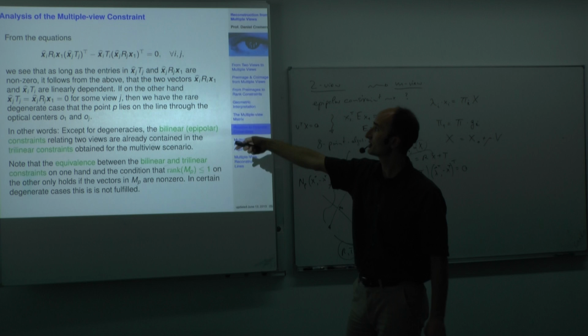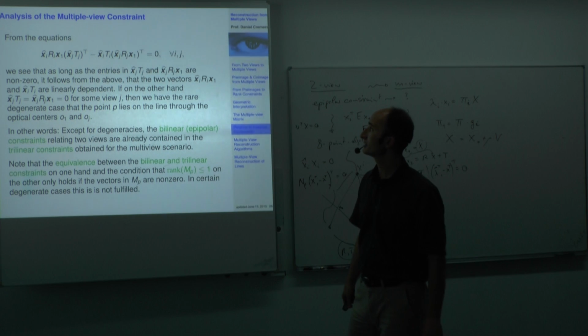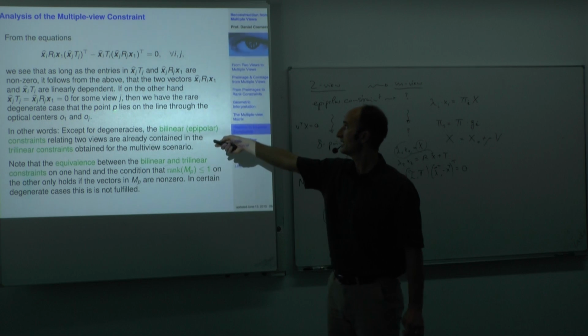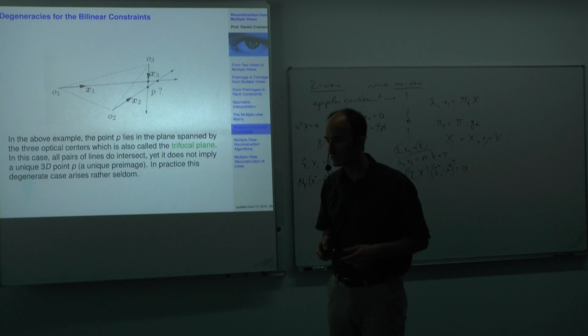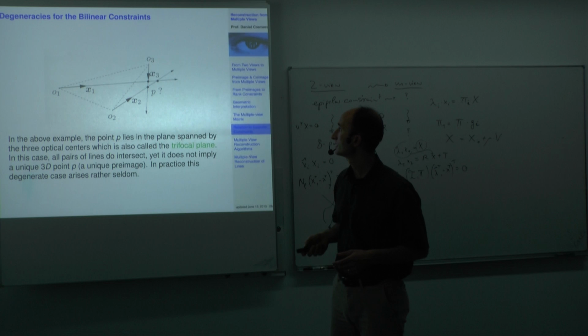Of course, there is a possibility that what's in the brackets, these expressions themselves, are 0. That can happen, but this is what's called a degenerate case, and that's the case if the point P lies on the line through the optical centers OI and OJ.